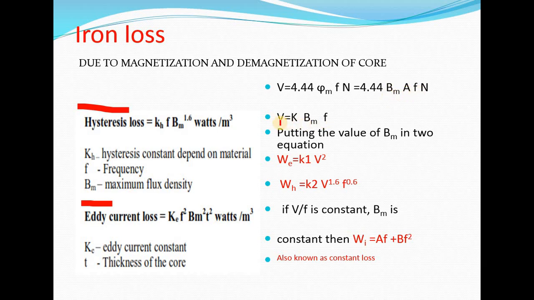The area is constant and the number of turns is constant, so V depends upon Bm, meaning magnetic flux density, and the frequency. So if we put the value of Bm in this equation and in this equation, we can have WE, the eddy current loss.